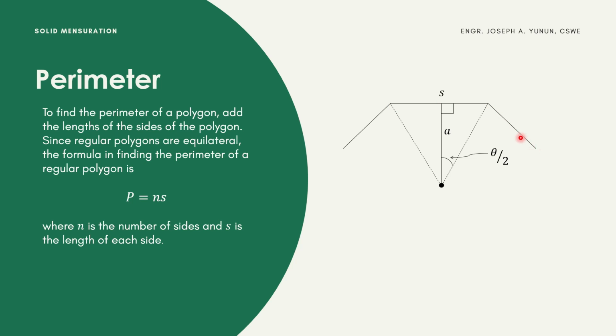So you can multiply the number of sides by the length of one side, as shown here, where n is the number of sides, S represents the length of each side, and P is the perimeter of a regular polygon. So you may want to be familiar with this formula.